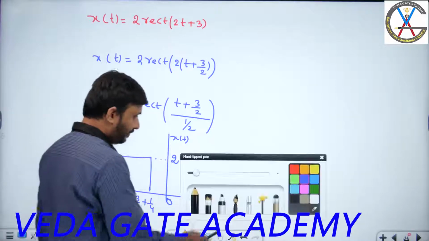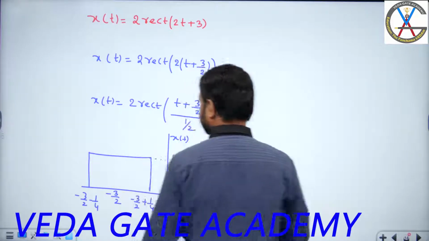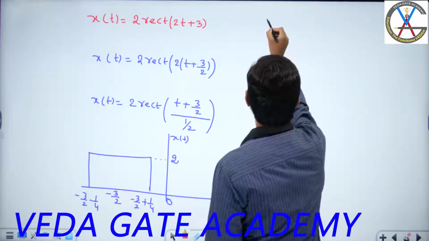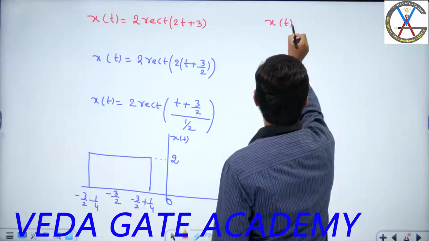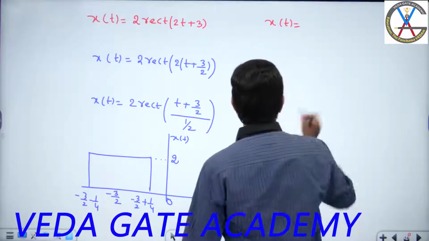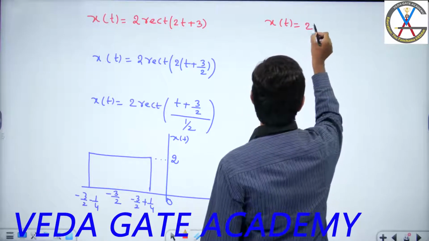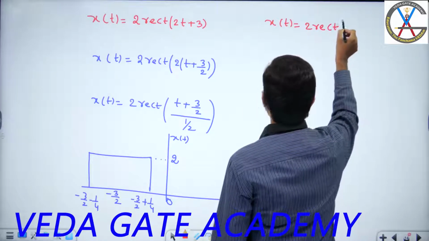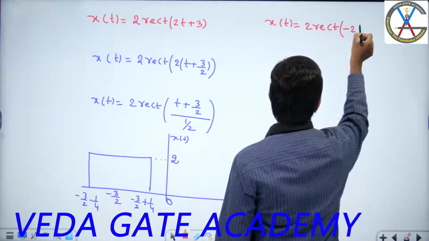Now if I ask you this one, if you observe in these transformations, shifting is there, scaling is also there. Suppose I put reversal also: 2 rect of minus 2t plus 3.